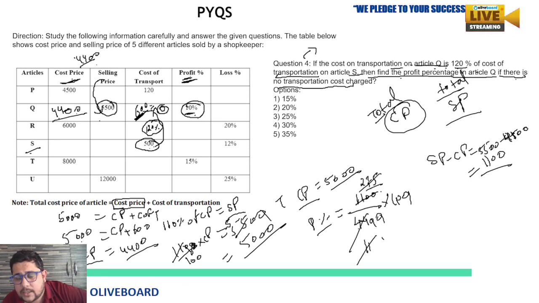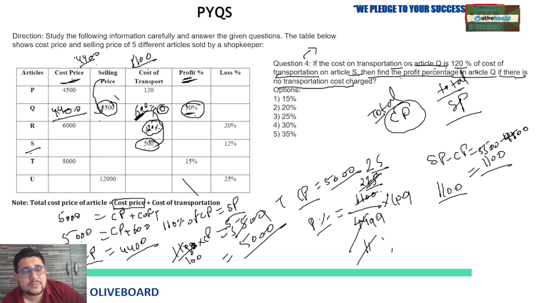Directly you can see, if your calculation is good, your profit is 1,100 when cost of transport is 0, and your costing is 4,400, which is 4 times the profit. So profit is 1/4 in terms of ratio. In this way also you can calculate it. That would be much better for you.